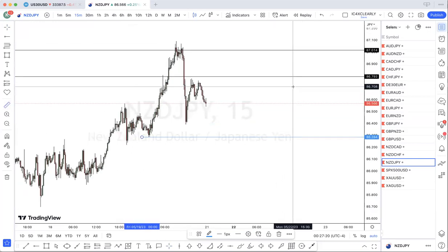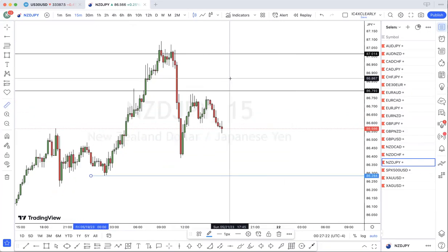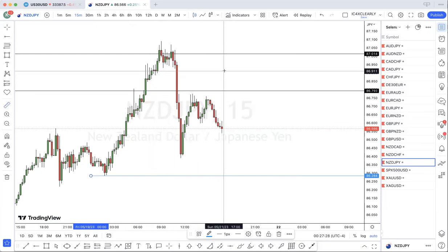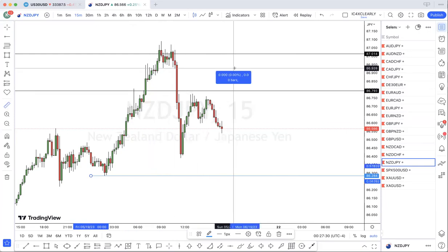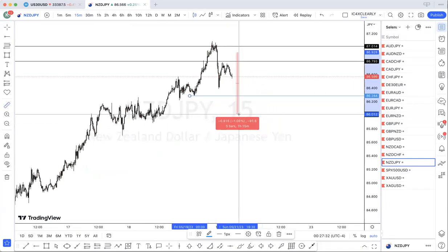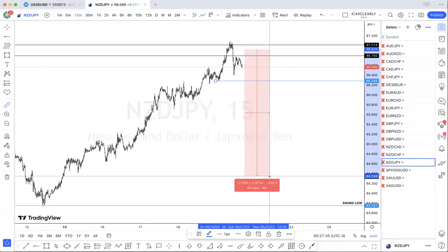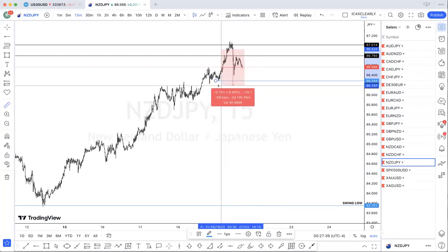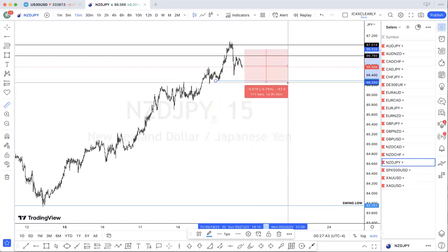Now price could actually, once it broke this low, come back up here to fill this imbalance and then sell down. But I would really rather see it break this low, or for me, it's going to continue buying.